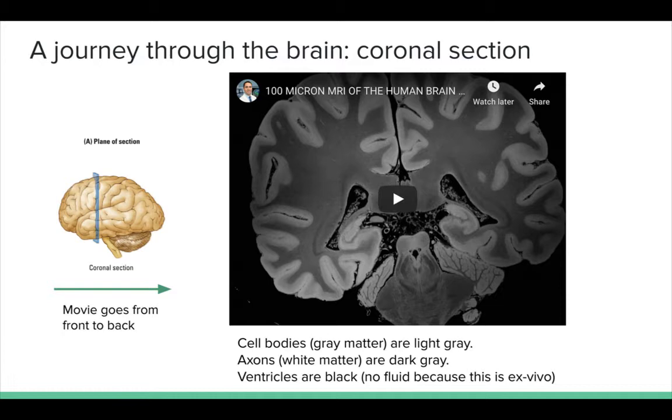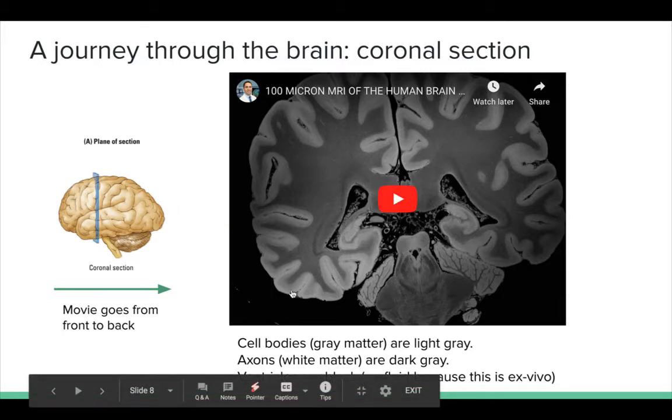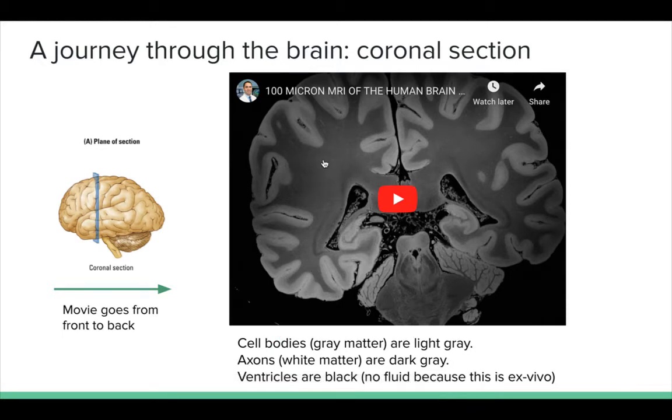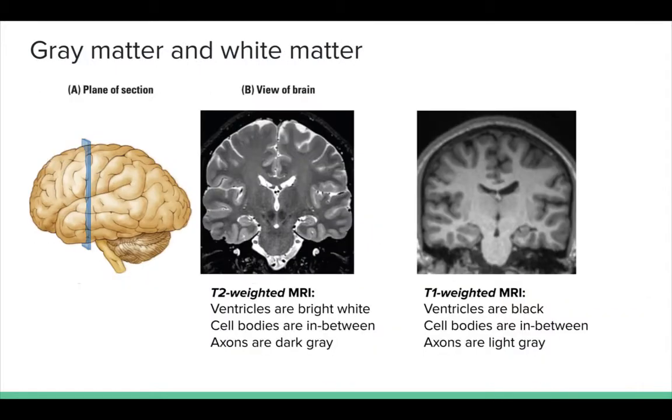Now this is a T2 weighted MRI. So the cell bodies, the gray matter, are going to take on this light gray color. The axons are going to take on this dark gray color. The one trick here is that the ventricles are also going to be dark black. They're not going to be bright white like in this T2 MRI, and that's because this T2 MRI that I'm circling right here was taken from a living human brain, and so the ventricles are filled with fluid, as they are in your brain and mine.